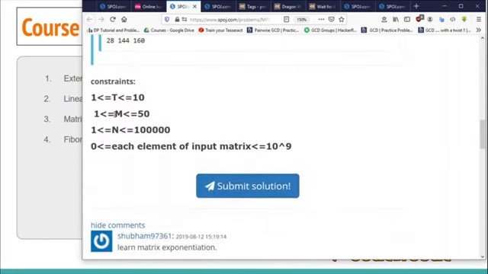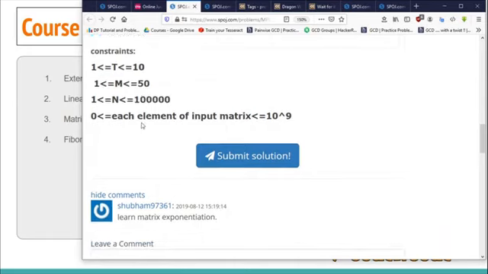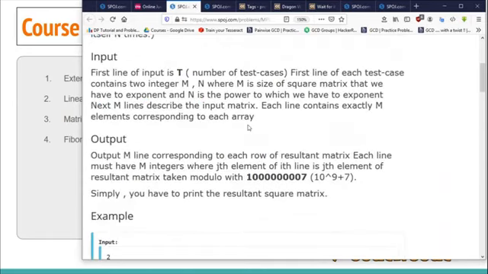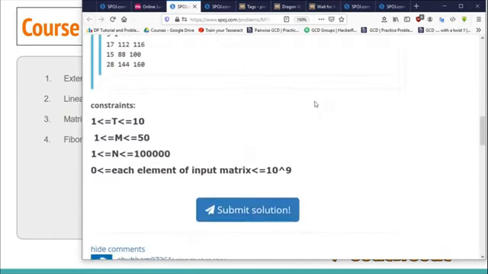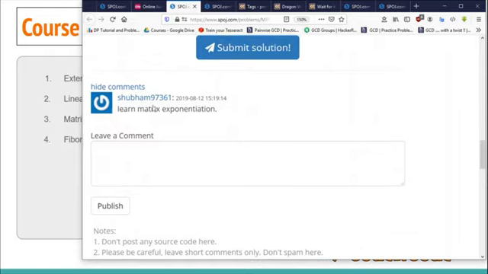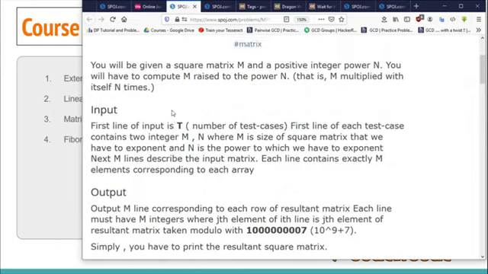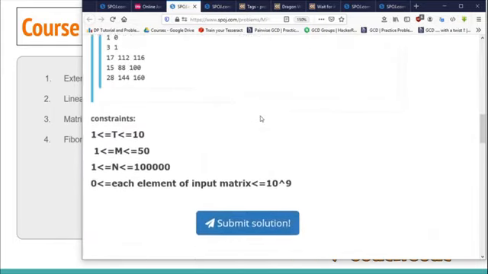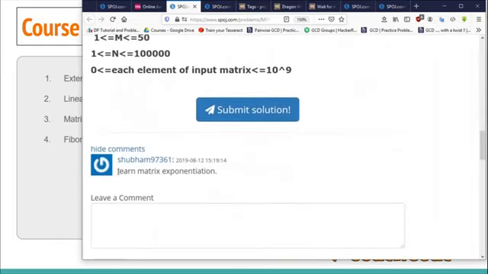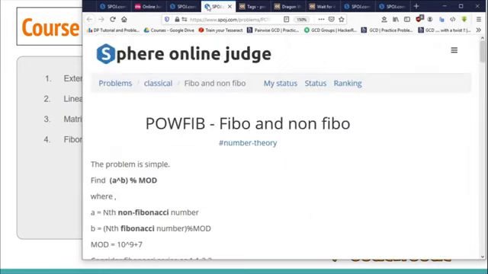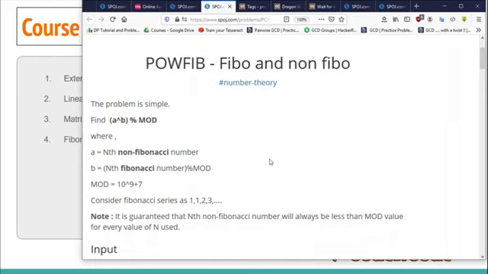And yeah, if you are solving any problem on Spoj or anything, then you can simply go into the comment section, and there may be people who actually tell what algorithm you can use to solve the problem, if you do not know. And yeah, this is also a problem which can be solved using matrix exponentiation only.